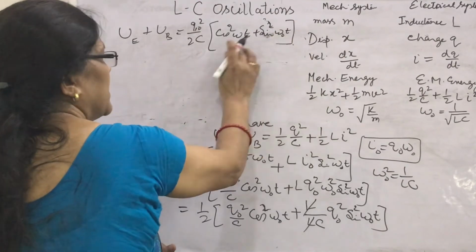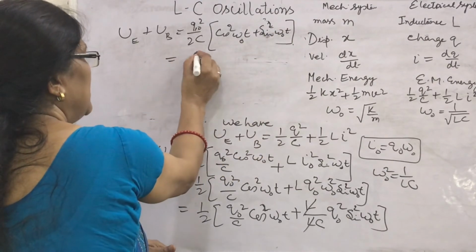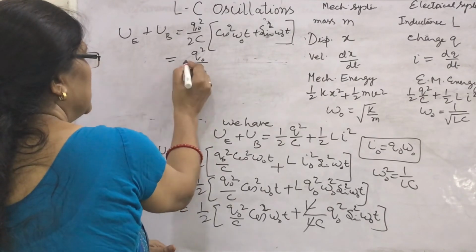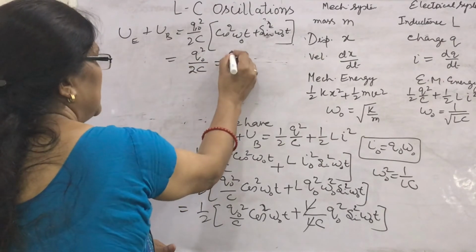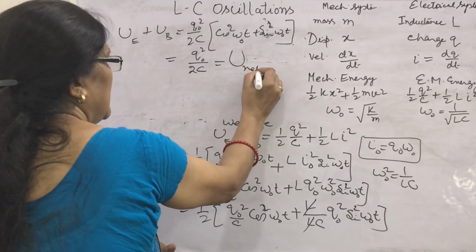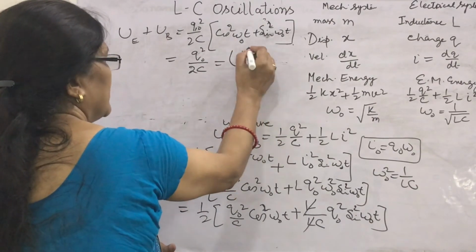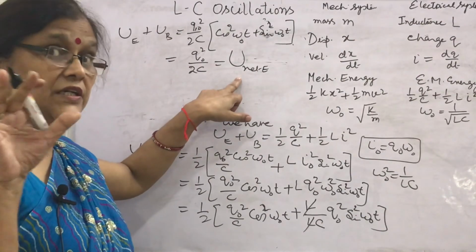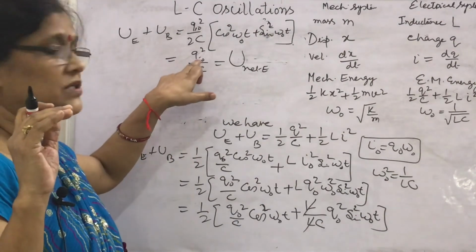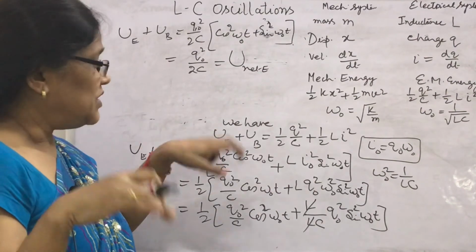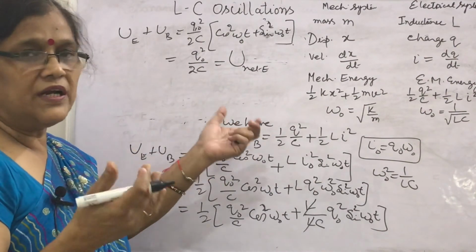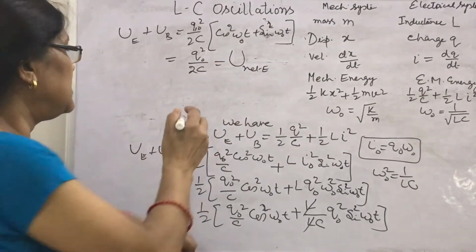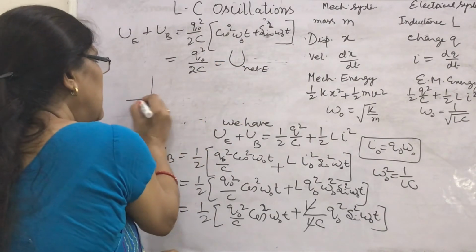What is cos square theta plus sin square theta? It is 1. So finally you get the total electrical energy of the capacitor which was fully charged initially. This q naught is the maximum charge. In this way you can prove the net energy of the LC oscillation is constant.